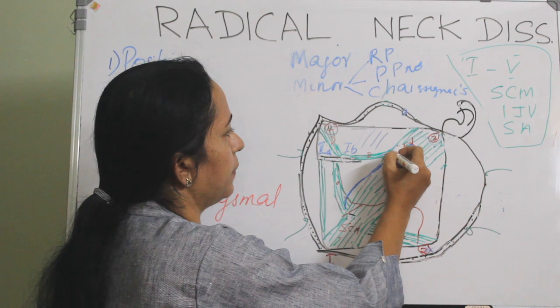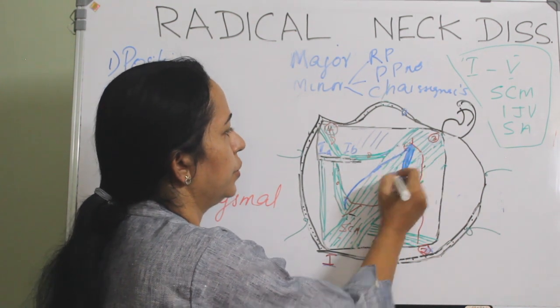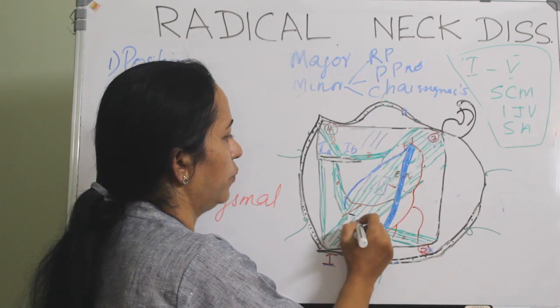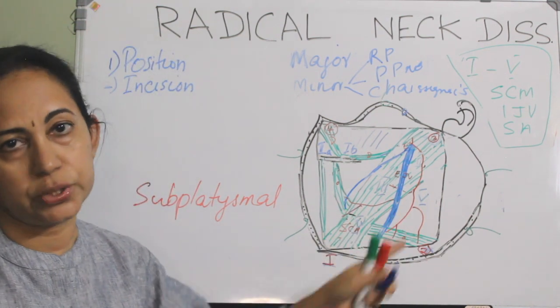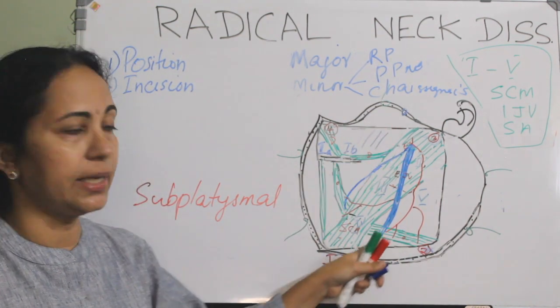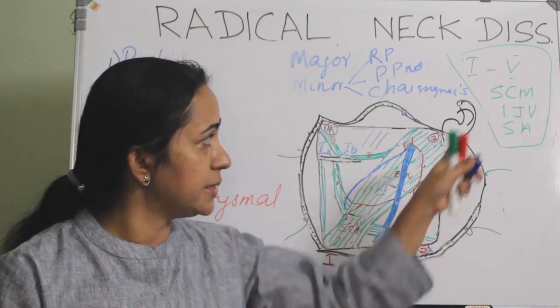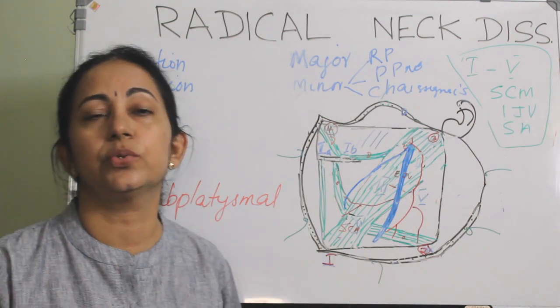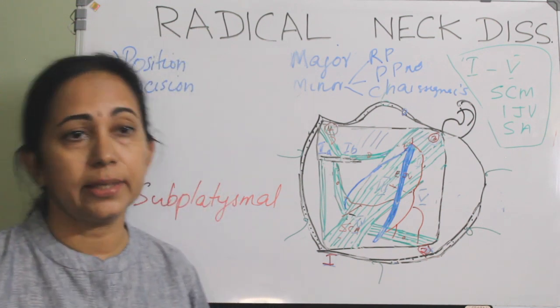So 2A is coming here, that is at the jugulodigastric, 2B is here, then 3, 4 and the 5 is the posterior triangle. So all this area we have to remove, the fibrofatty tissue along with the lymph nodes and sternocleidomastoid muscle, internal jugular vein and spinal accessory nerve in a classical radical neck dissection.